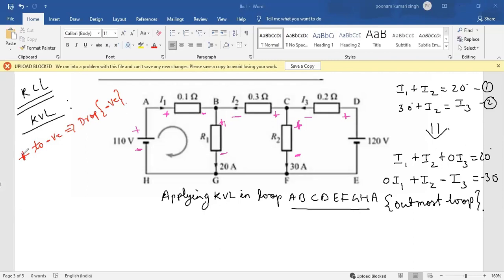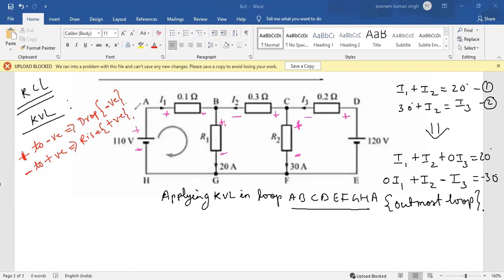If we are moving from minus to plus, or negative to positive terminal, we are going from lower to higher potential. That is always associated with a rise, and rise we always take as positive.